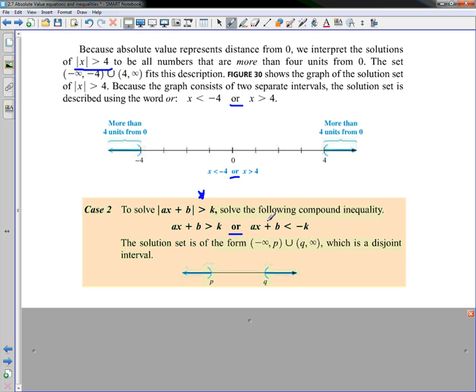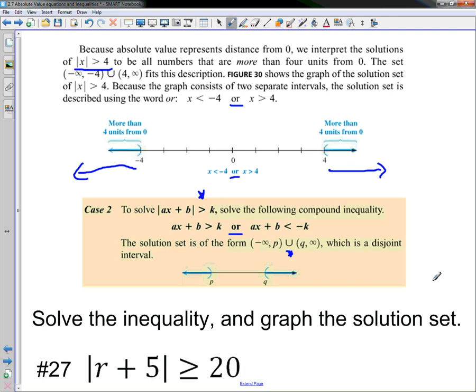Or we can have the stuff on the inside of the absolute value is less than the negative value of that answer. So we're dealing with both sides. We want to know what's going on to the left and what's going on to the right of our number that we have. In this case, we're calling it k. In our original, we're calling it 4. And notice that since we're dealing with an or statement, we have that union symbol. So let's look at an example of this.